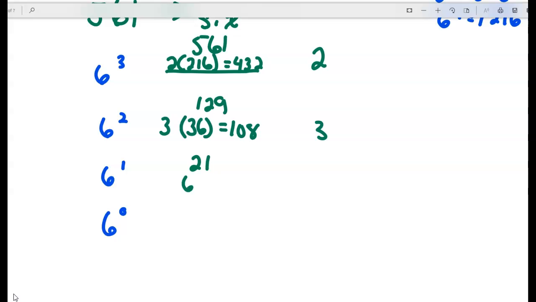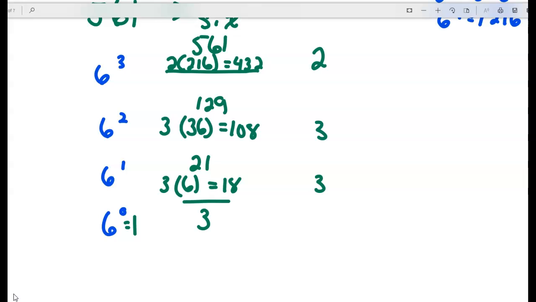And so I want to find out how many times 6 will go into 21. Well, 6 times 3 is 18. So I put my 3 out here. 21 minus 18 will give me 3. And remember that anything raised to the 0 power is 1. So this is our last step here.